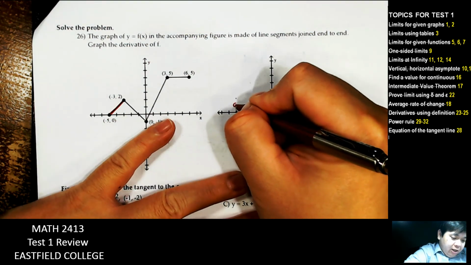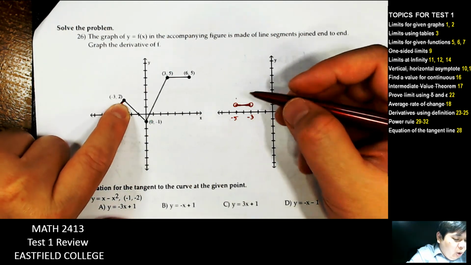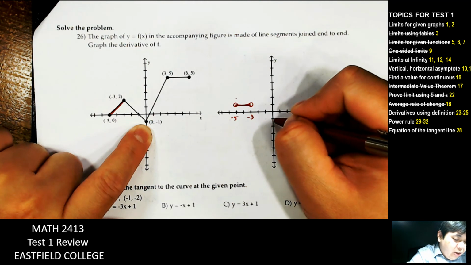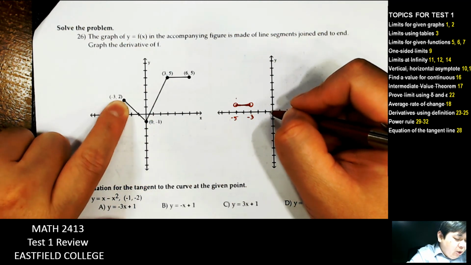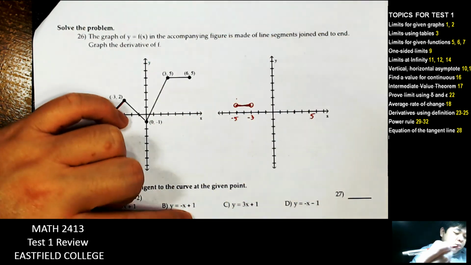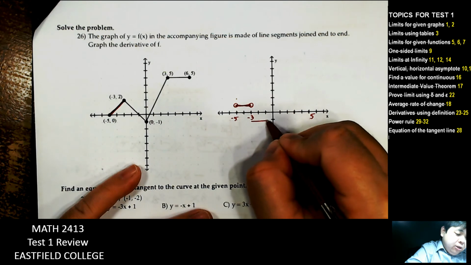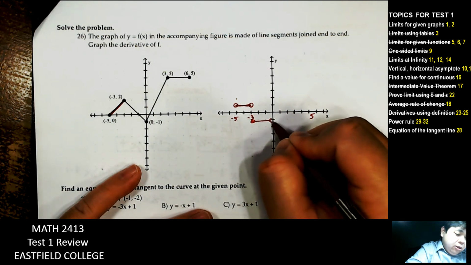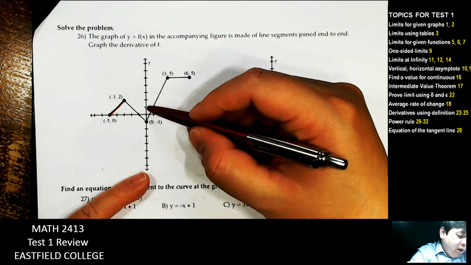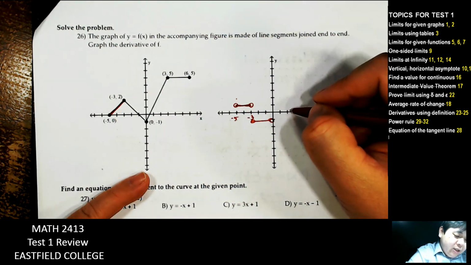And it's undefined at the corner. Next, we go from there to negative 1, to 0. The derivative will be 1 to the right and 1 down, so it's going to be negative 1. And then this goes 2 up, 1 to the right.